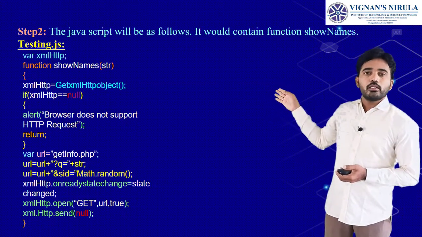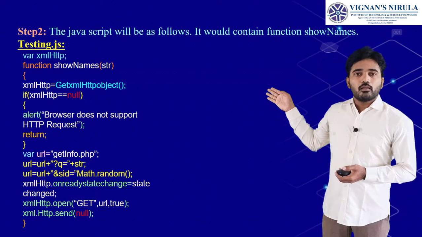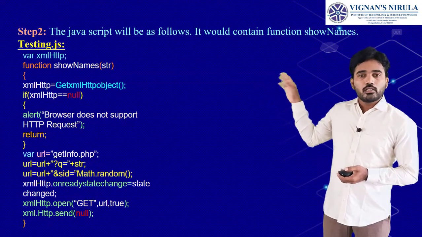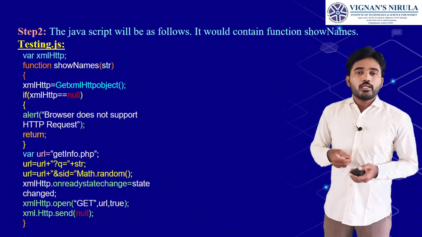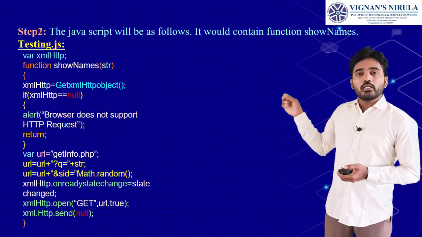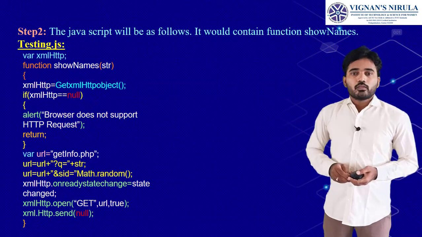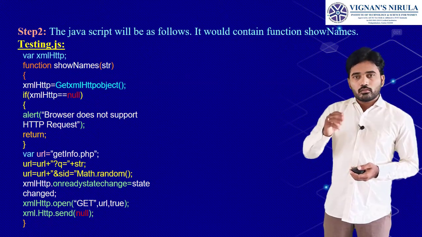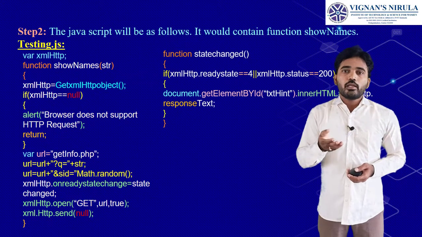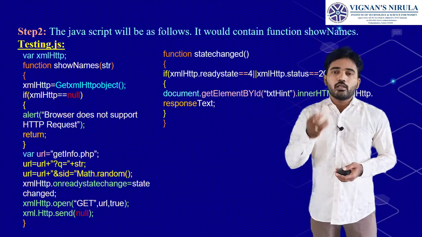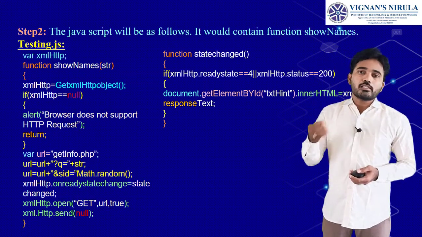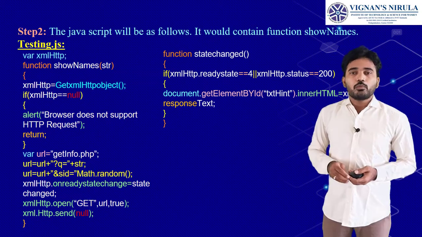Here we have written a variable, that is url, where the getinfo.php file is passed to that URL, and our query, that is the selected name, is passed as a query to that URL. Understood? So, this is about testing.js, where it creates an XMLHttpRequest object, and our request is passed as a query to that PHP file.